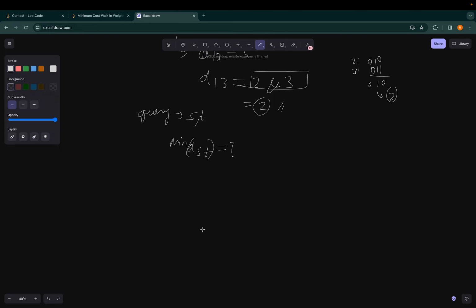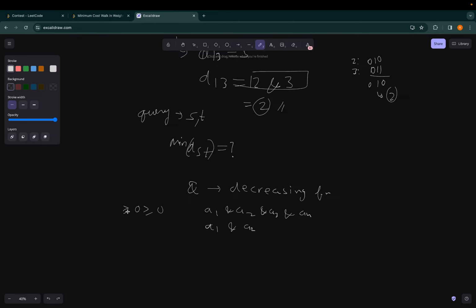The first thing to notice over here is that bitwise AND is a decreasing function. Let's say you are doing the bitwise AND between these numbers, and then you do a bitwise AND between only these two numbers, and all of these numbers are greater than or equal to 0.